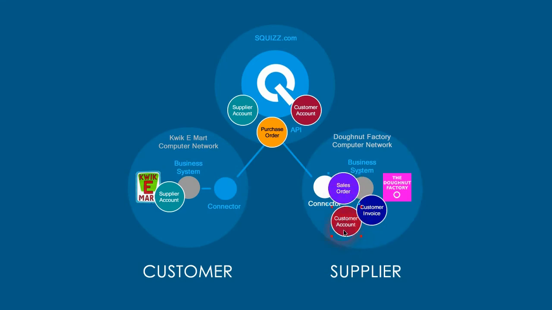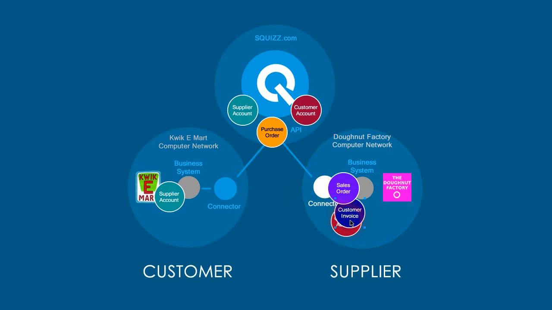So what the connector can do now is, in our routine, we can say for a given sales order, we want to find the associated customer invoice. We'll perform an invoice query into the associated business system that the supplier is running, and then we can find the invoices, and then we can now send them back to the originating customer.